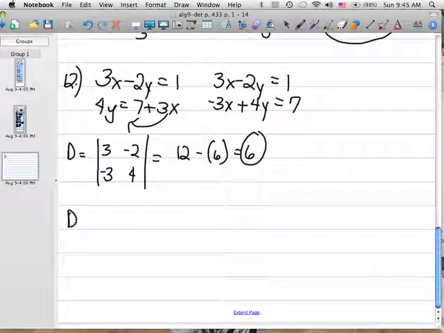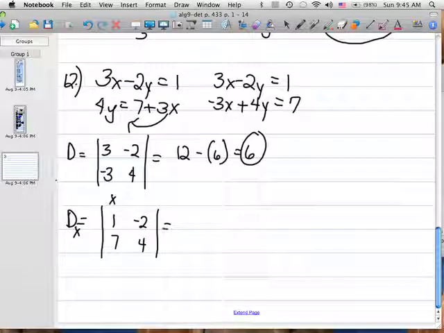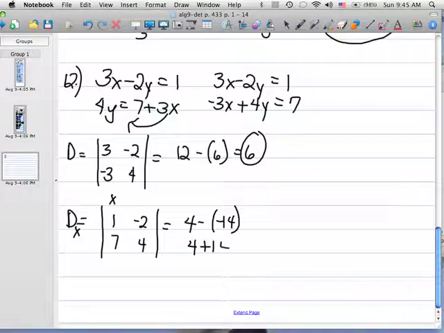The determinant for the x value is, we don't want the 3 and the -3, so we put in the constants 1, 7. Leave the y column alone. Multiplication, 1 times 4 is 4. Minus -2 times 7, -14. So that's 4 plus 14, which is 18.